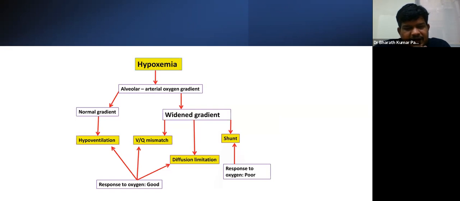And if there is a widened alveolar arterial gradient, that is if the A-a gradient is more than 20, more than 30, more than 100, then they might come into the other three categories: V/Q mismatch, diffusion limitation, and shunt. Here the history and clinical examination help us in identifying.